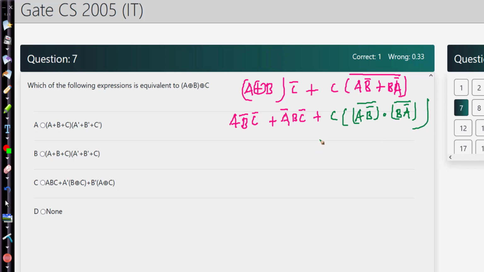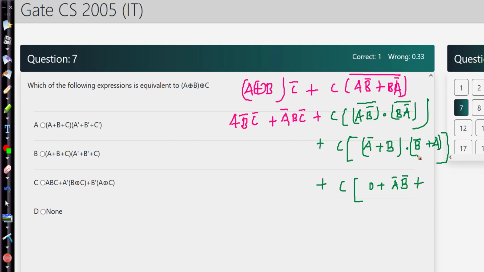Now this thing will be C times A complement plus B multiplied by B complement plus A. Yeah, so this would boil down to C multiplied by A complement B complement plus BB complement, which would be 0, plus AB. A complement A is 0.